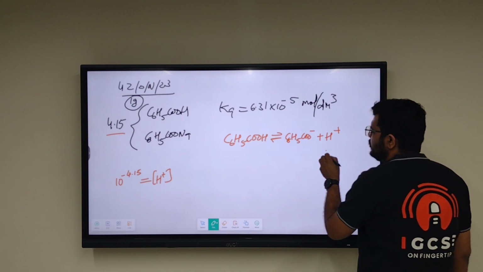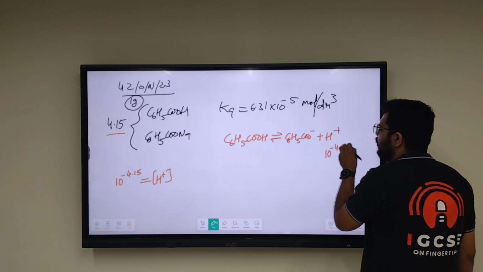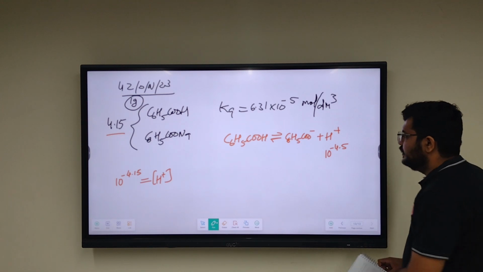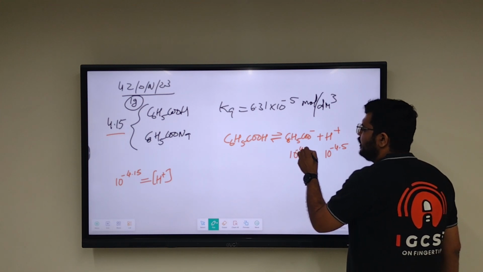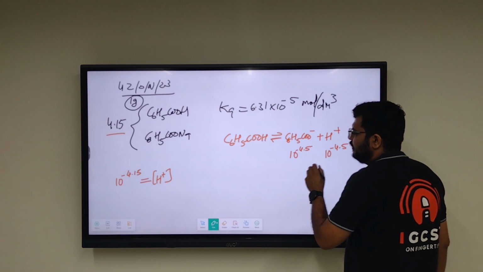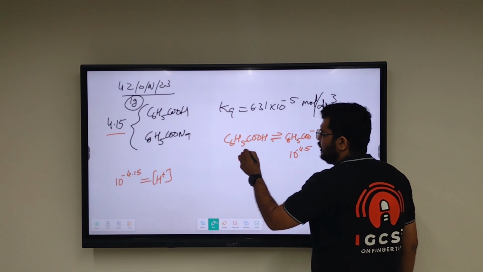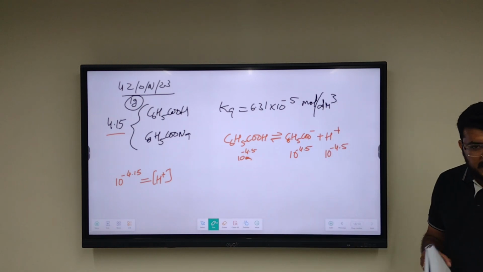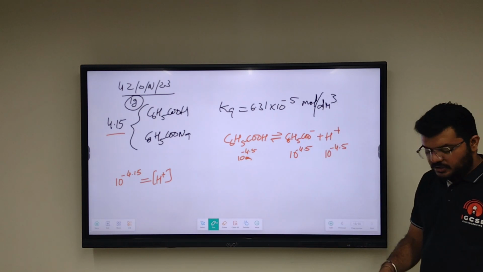The concentration is 10 to the power minus 4.15. This should also be 10 to the power minus 4.15. You find out the concentration of this.